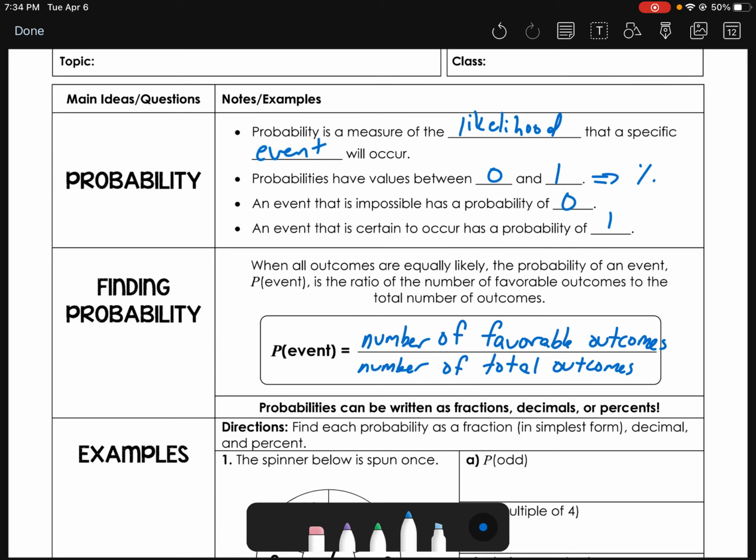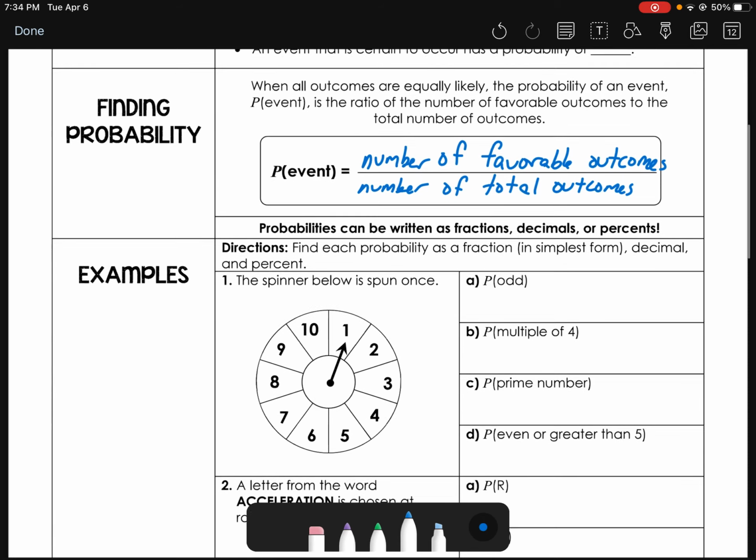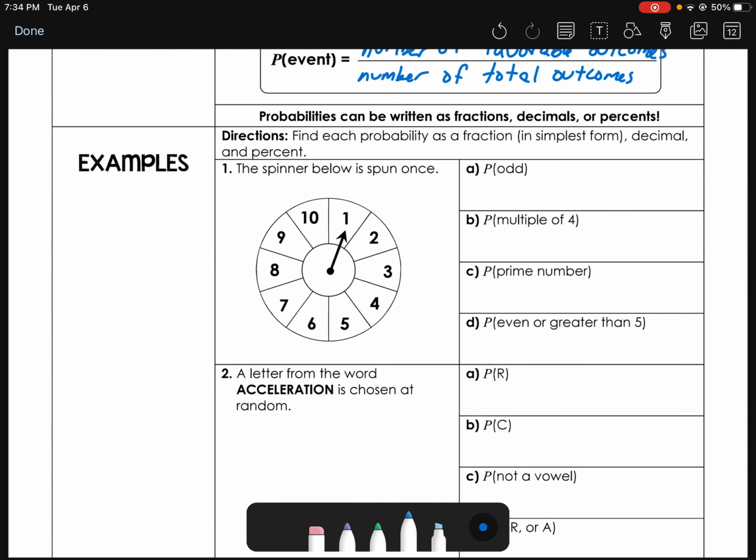So the number of favorable outcomes over the number of total outcomes. We want to find each probability as a fraction in simplest form. Keyword here is in simplest form. Or a decimal, or as a percent.